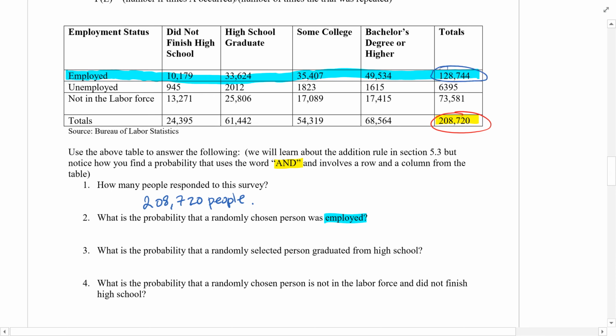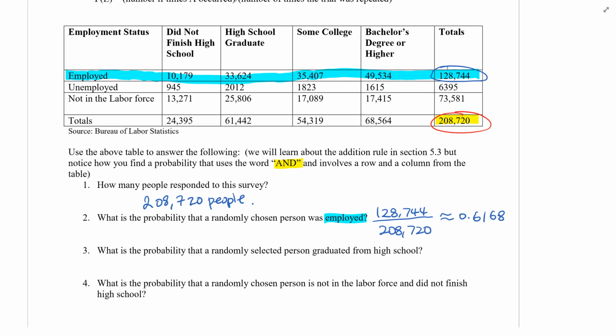The row total over the grand total is going to give me the probability. So let me write it. I use the number of times it happened in the survey over the total, and approximate it to 4 decimal places, 0.616A. So we'll say the probability that a randomly chosen person was employed was 0.616A.